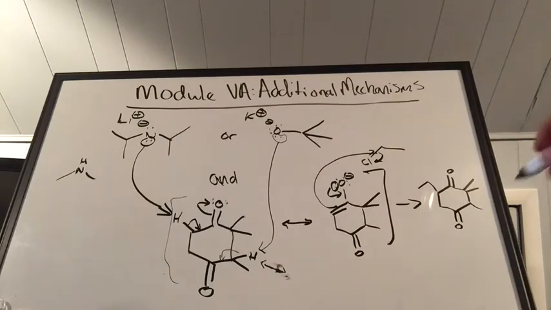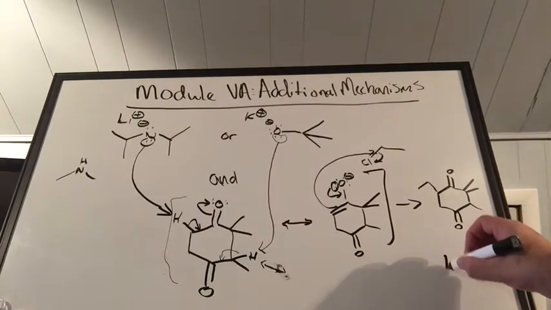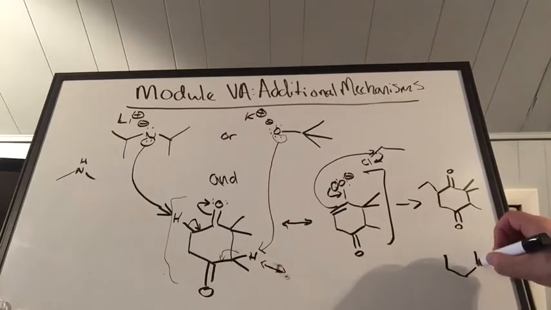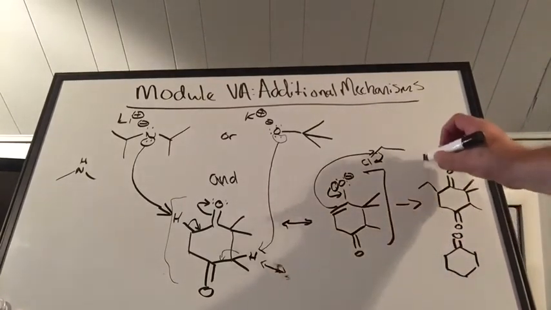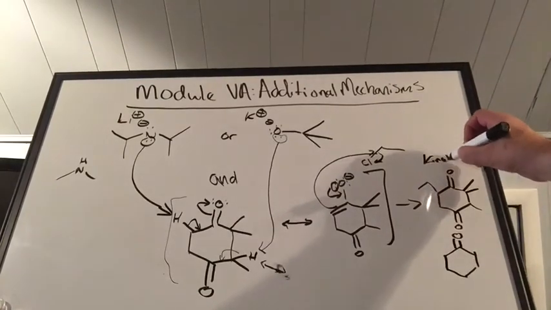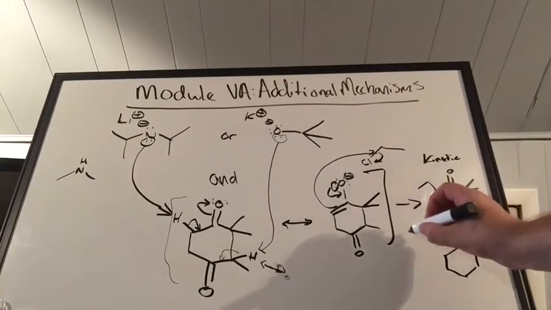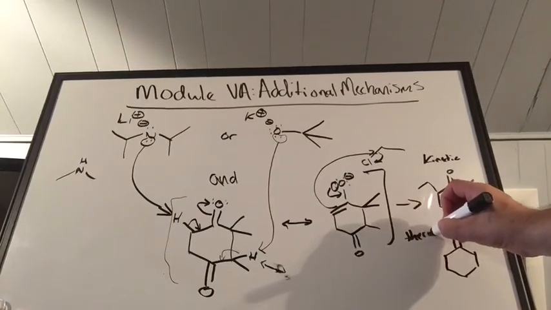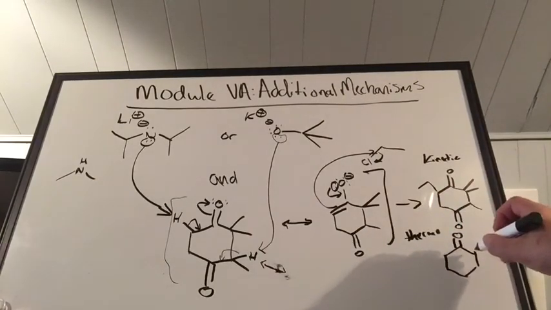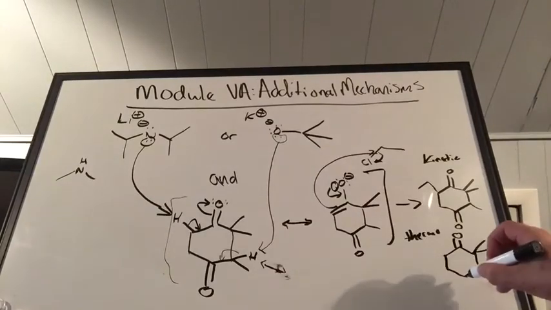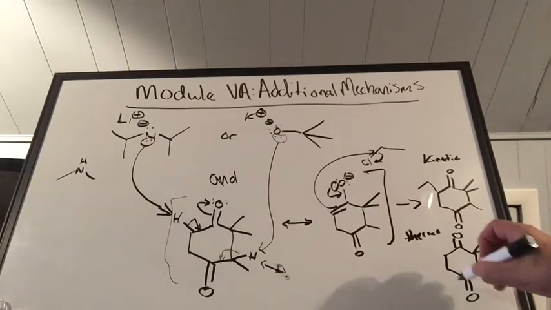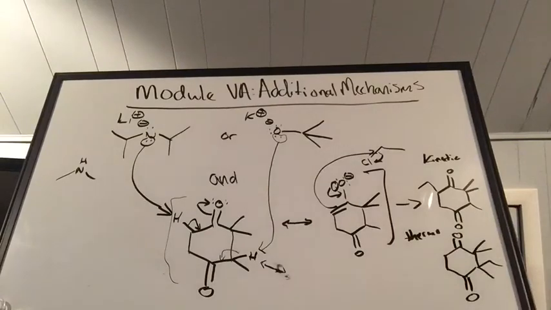Now, a thermodynamic enolate, you would form this. This is kinetic. This is thermo. The way I keep straight whether something is thermodynamically stable or kinetically stable is really the temperature.